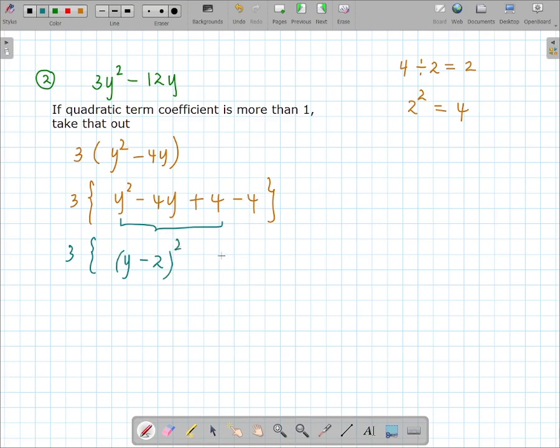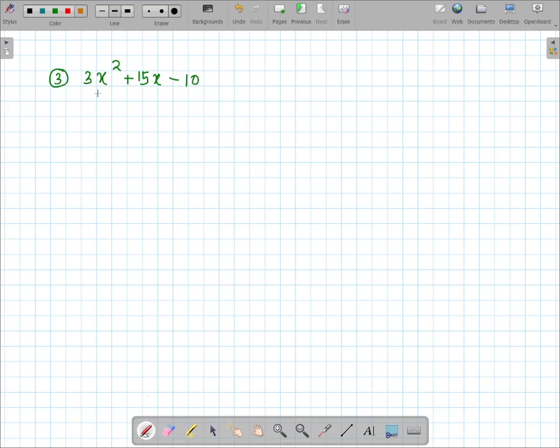Then what is remaining? Minus 4. Now expand this curly bracket by 3. 3 times (y minus 2) whole squared, 3 times minus 4, minus 12. So that's the answer.